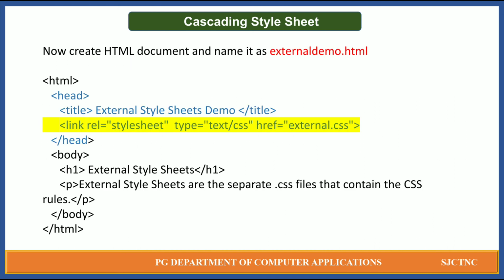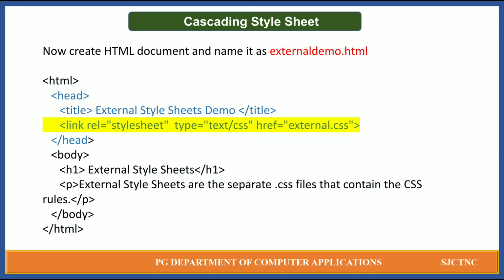Here we can see that the link will be embedded into the head tag. Here we can see HTML head, title: external style sheets demo. Then within that we can see link rel equal to stylesheet, type equal to text/css, href, that is the path where the style is present.